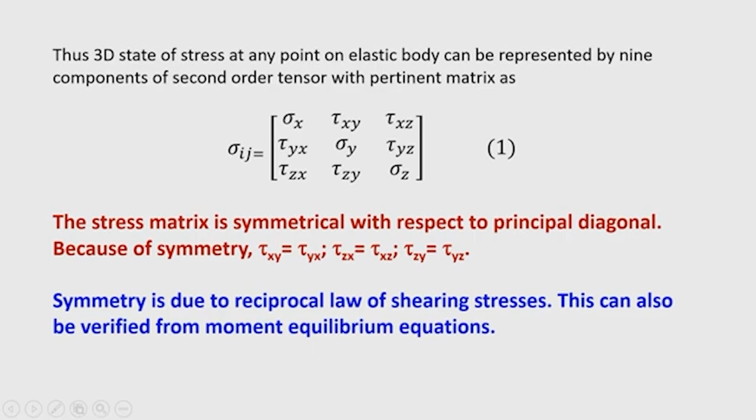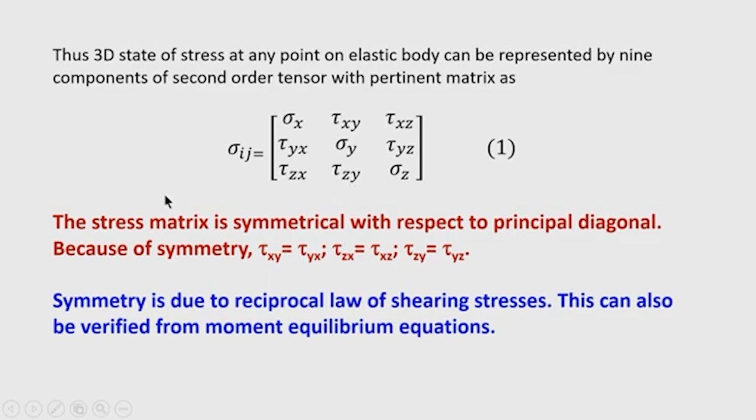The shear stress is symbolized by tau. Now, you can see the normal stresses are sigma x, sigma y, sigma z, and the shear stresses are tau xy, tau xz, tau yx, tau yz, tau zx, tau zy.